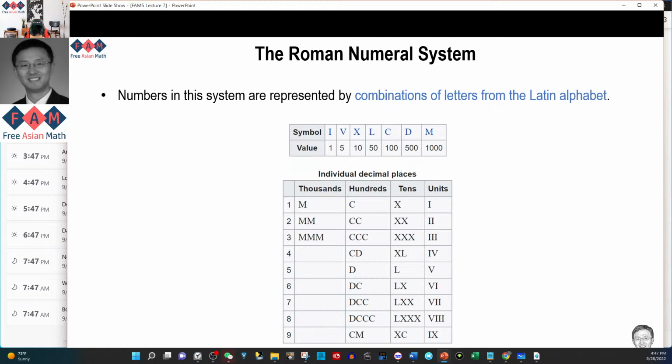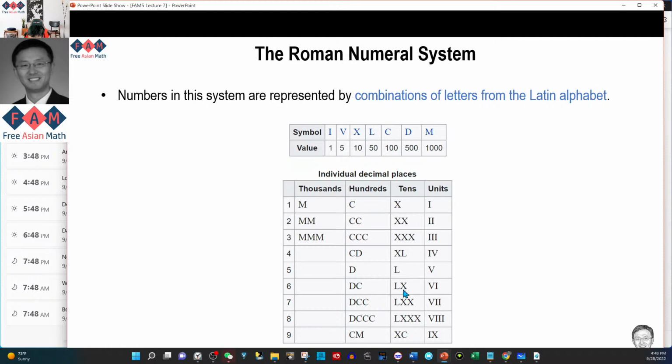So you will see additional ones. Now they extend this idea to additional symbols. For 10, we already have this X. So 2X, 3X give you 20, 30, and then here comes 40, right? The next predefined symbol is 50. So by the same idea, you put 10 on the left of 50, you get 40.